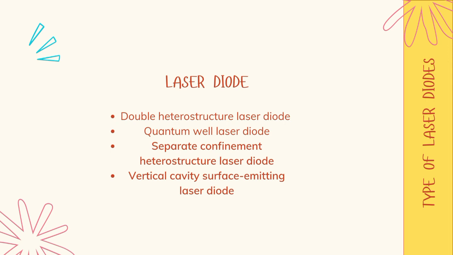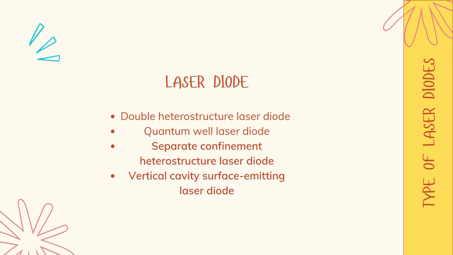Because of the presence of two heterostructures, this type of laser diode is named a double heterostructure, DH, diode. The advantage of this DH laser diode is that the active region is confined to a thin layer, which gives better optical amplification.